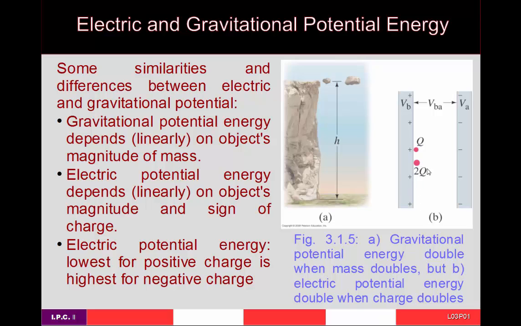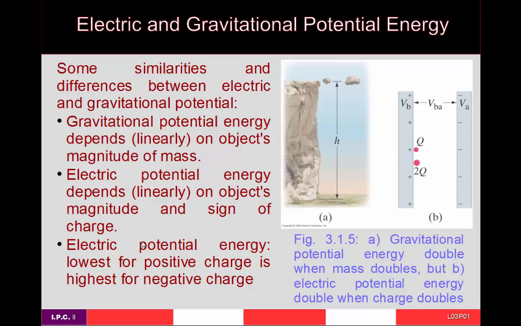So this object has twice the charge, therefore the potential energy is twice as much as this one. If this rock is twice as big as this one, twice as much mass, then the potential energy of this rock is twice the potential energy of this rock. And note, of course, that they're starting from the same height in the same gravity field. These two are starting from the same position in the same electric field.